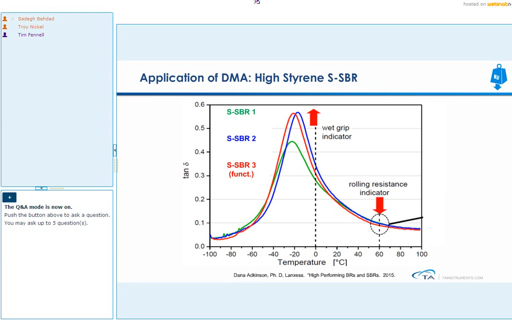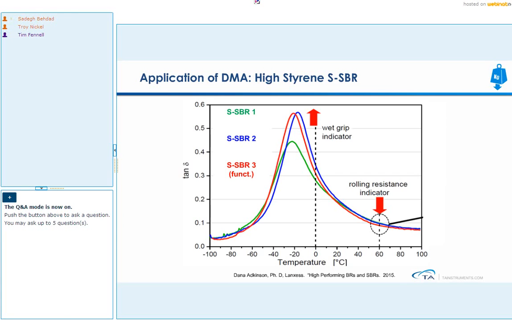Or in cases when you have a functionalized SSBR, you know that the stiffness is going to change because you are manipulating the polymer-filler interaction. So here we are trying to understand, when we go from formulation A to formulation B and then the third formulation, which is a functionalized SSBR, how that changes your material performance.